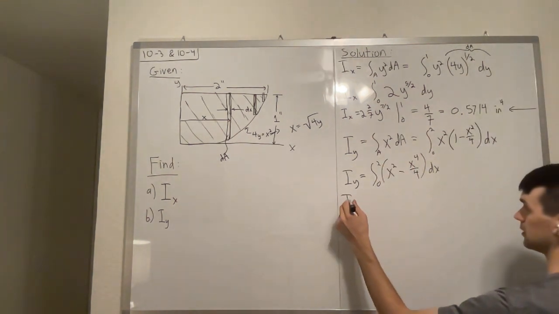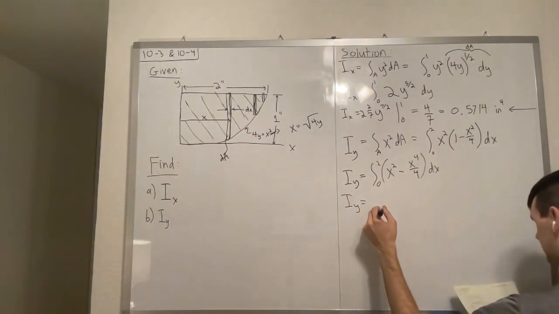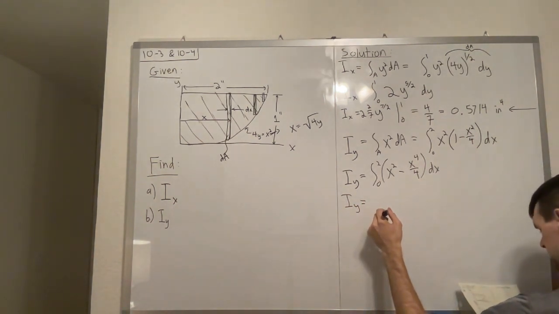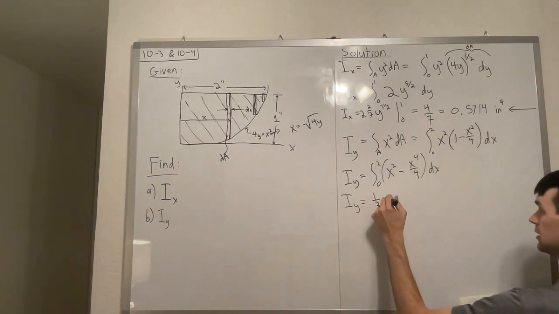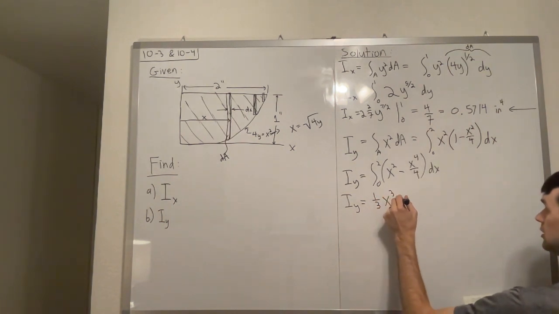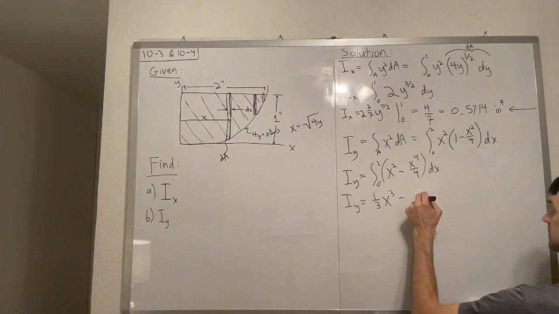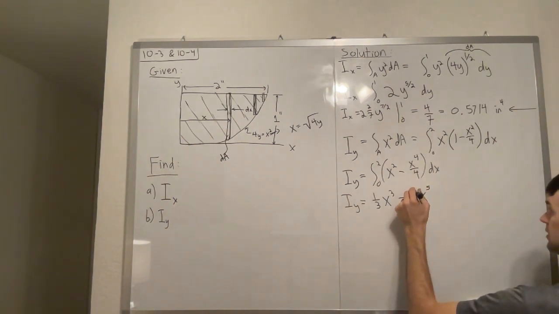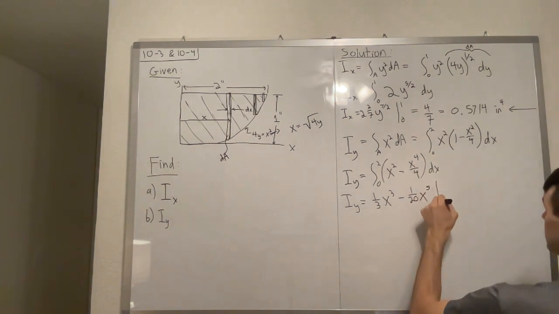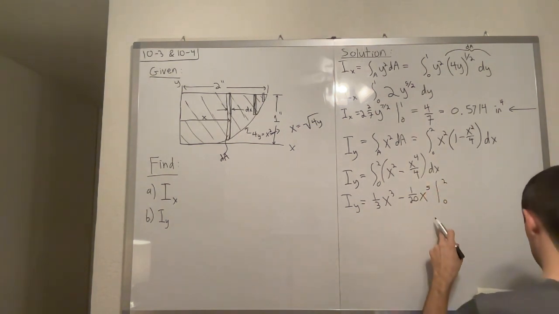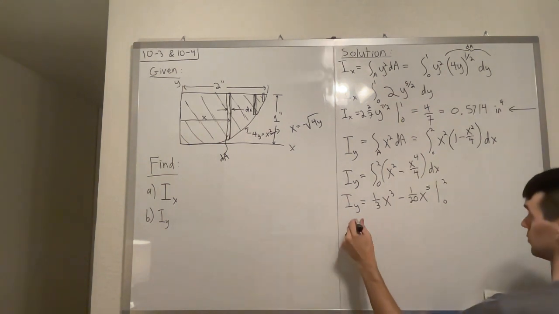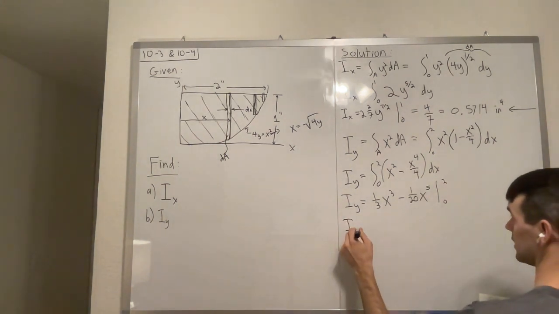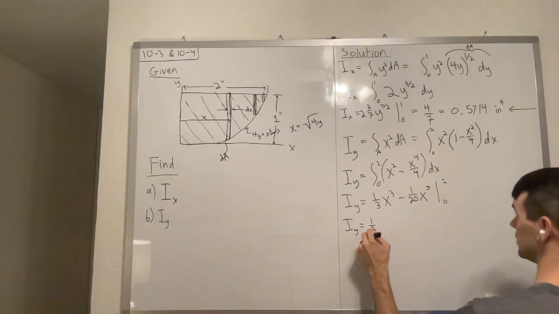So Iy is going to equal 1/3 x cubed minus, we get x to the 5th, so 1/20th x to the 5th, evaluated from 0 to 2.